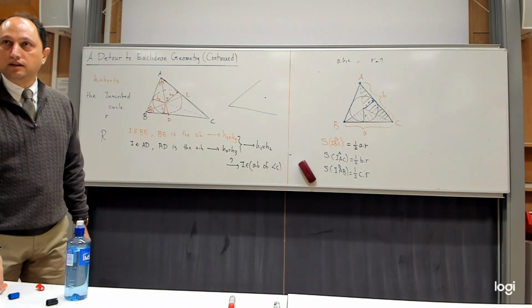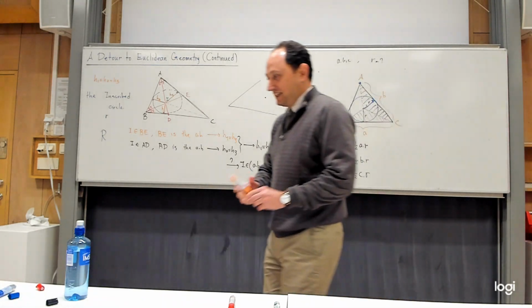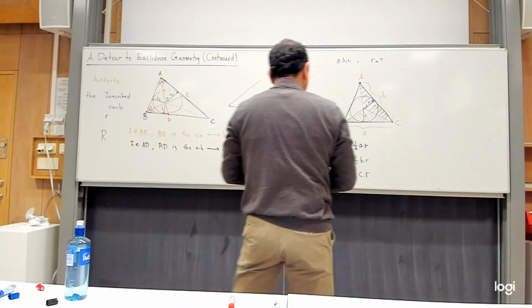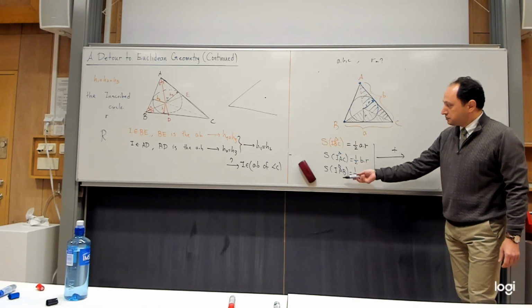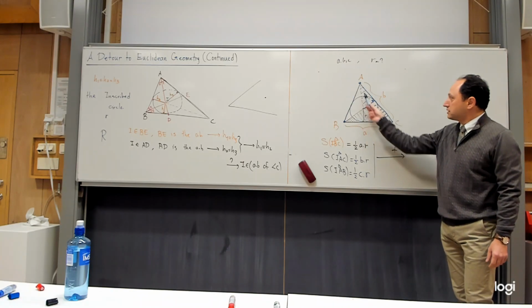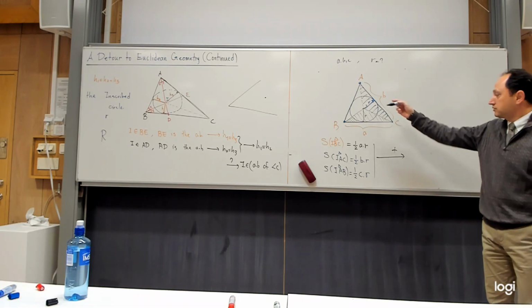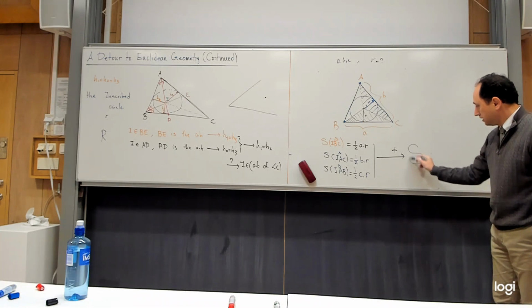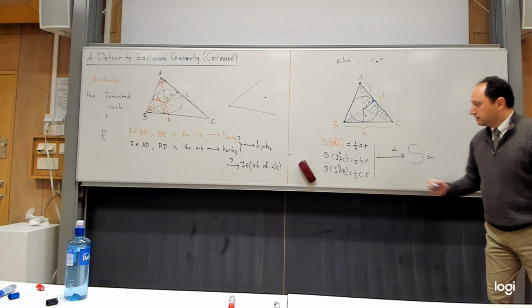You add them. Because when you add them, what will happen? If I add them, what happens? I have to add these areas. This area plus that area plus that area becomes the area of the triangle, which we denoted by S. And then when I start adding them, what can I do?